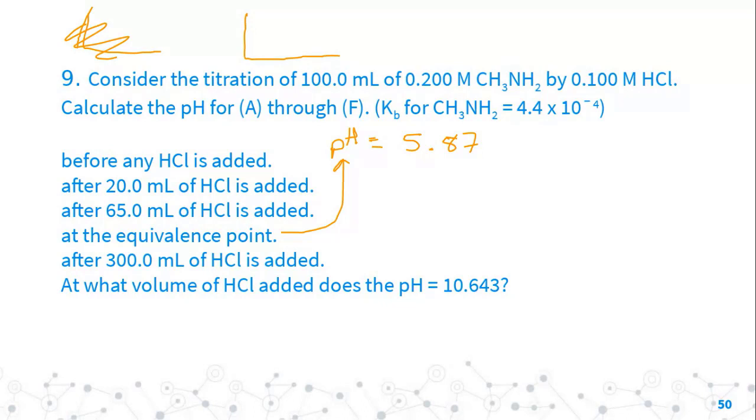So as we're adding our acid, we're slowly lowering down our pH until we reach something like that. So if our pH at the equivalence point is going to be right here, like 5.8 something, 5.87, and we're saying our pH is 10.64, then we know we're going to be above that, so that means we're in the buffer region area.